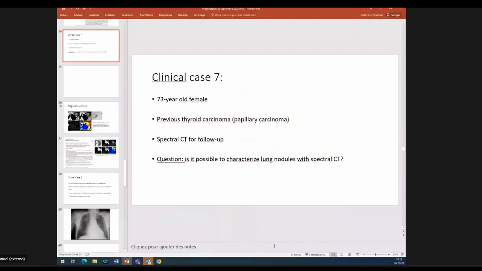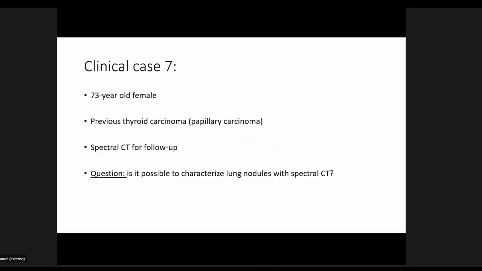If it's okay, we can go to clinical case number 7. It's a female patient with a previous thyroid carcinoma, and she was referred for spectral CT acquisition for follow-up.